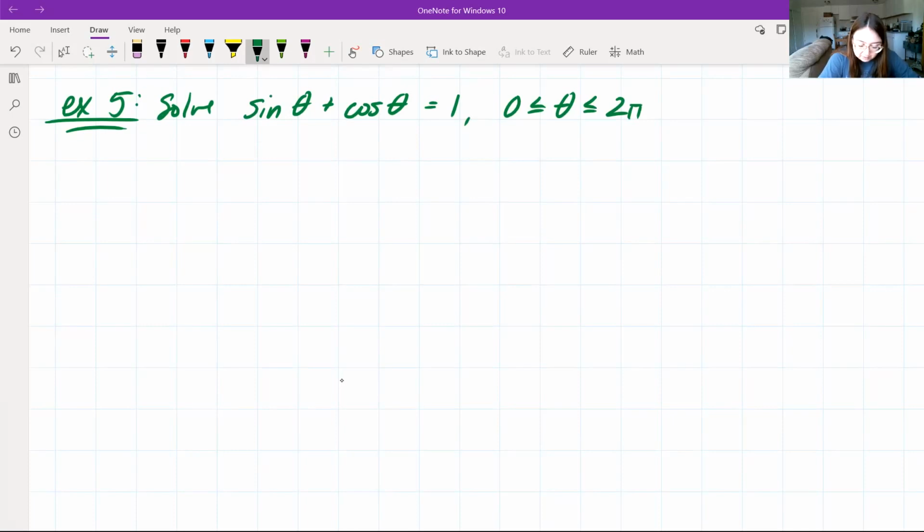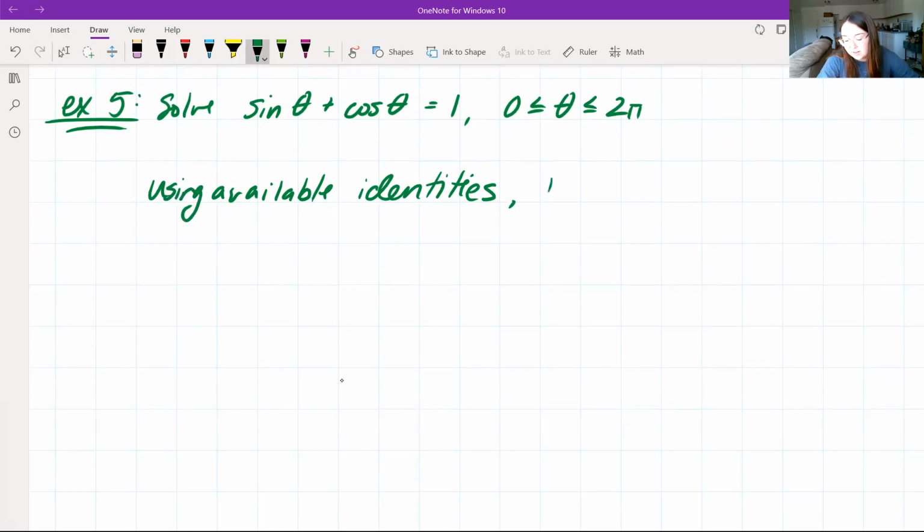So if we use available identities, mostly attributing to sine of theta or cosine of theta, they will not lead to equations that are easy to solve.